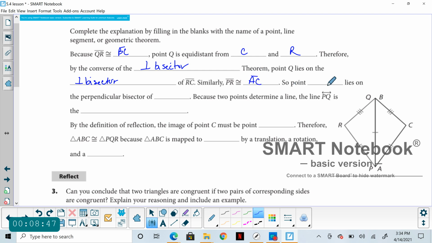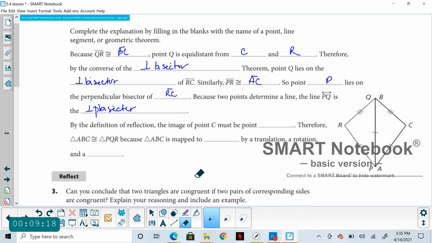So point P lies on the perpendicular bisector of RC. And then because 2 points determine a line, the line PQ is the perpendicular bisector of RC.